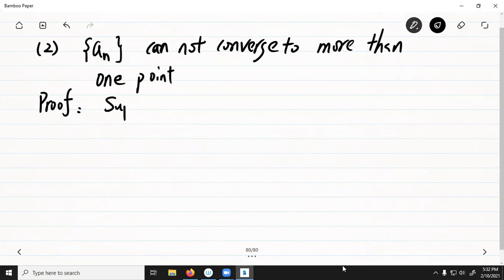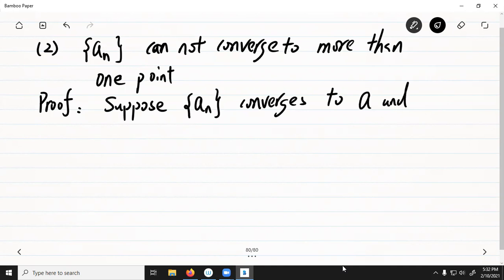Suppose the sequence converges to A and A prime, where A and A prime are not equal.